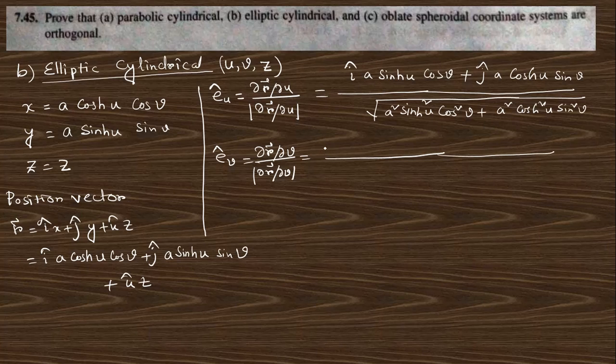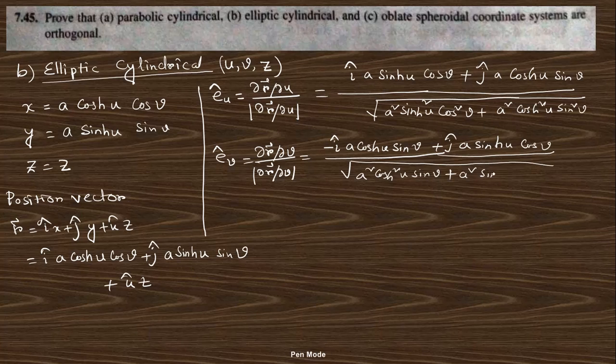If you differentiate with respect to v, this will give you minus i a cosh u sin v, and j cap a sinh u cos v, and root under a squared cosh squared u sin v, and this is a squared sinh squared u cos squared v.